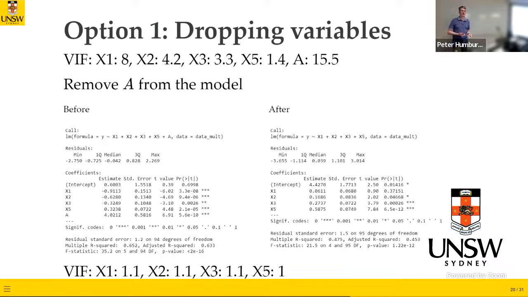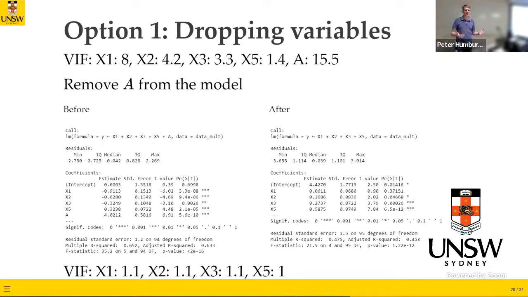But we are missing information now, right? We've excluded A, and A was our only source of information about X4. So now we no longer know about X4, right? So what we get is a model that fits our data not as well as it did before, because in removing A, we removed some information that would have been good to know about. Otherwise, this model is kind of fine, I guess.